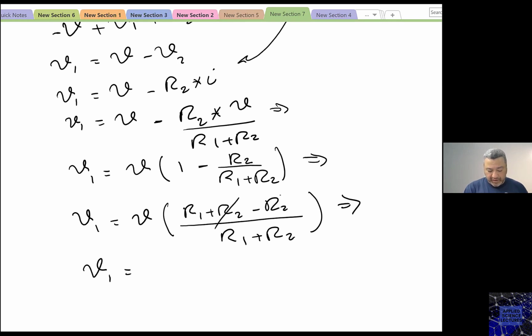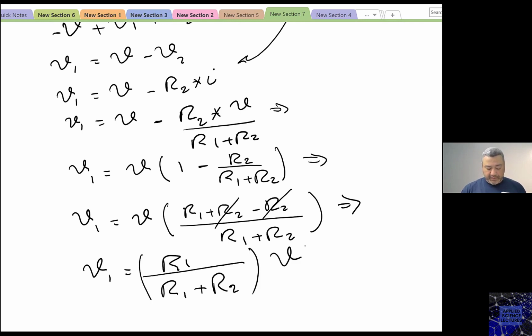So R2 would cancel, and you'll end up with the voltage division that we talked about being R1, the ratio between the resistor that I'm interested to find the voltage drop across, multiplied by the total voltage across the whole R equivalent.